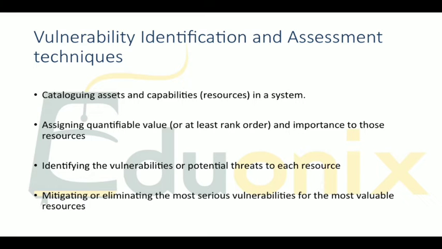Assigning a quantifiable value, or at least a rank in order and importance to those resources, identifying the vulnerabilities or potential threats, is good for mitigating the risk away from yourself, and you can eliminate the most serious vulnerabilities almost immediately.